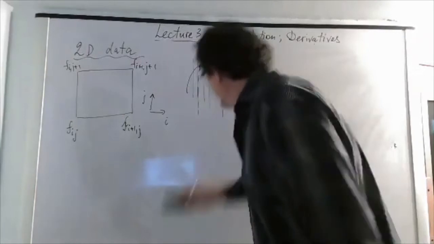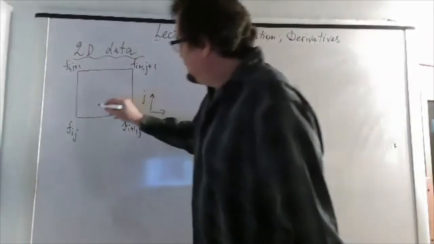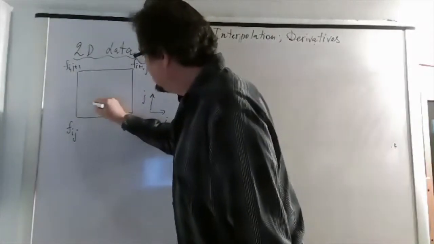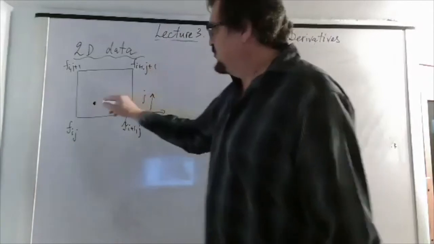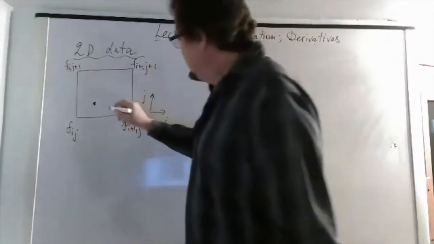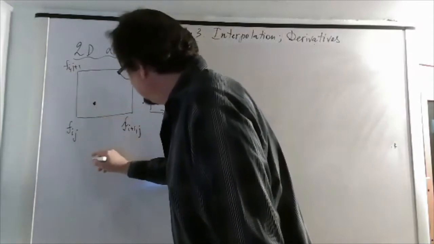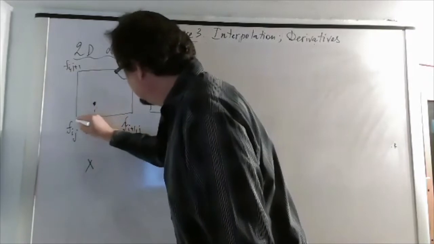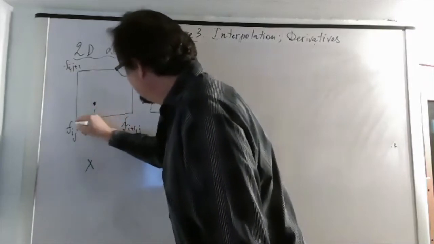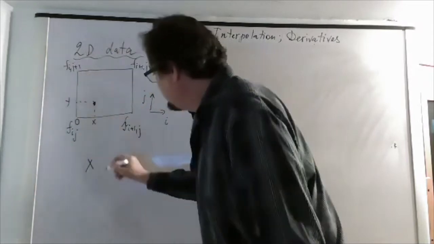Okay, just a little piece of advice. Now, let's say you have some grid point here. This is your fine grid point, and there are many of them, so you take one at a time. You define a grid such that this is 0, and this is y, so you normalize it.